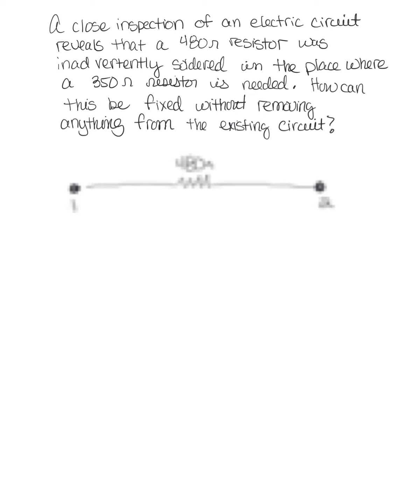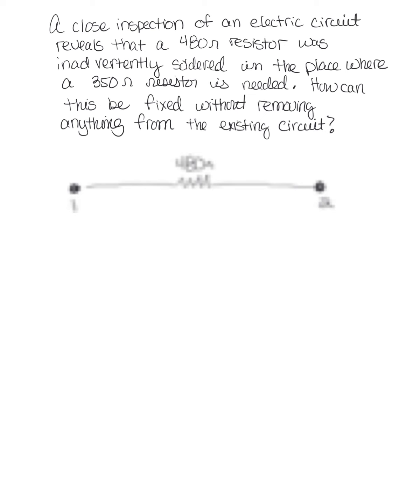Okay, I like this problem because it shows how some things might come in handy if you're using this in the real world. This problem says, a close inspection of an electric circuit reveals that a 480 ohm resistor was inadvertently soldered in the place where a 350 ohm resistor is needed. How can this be fixed without removing anything from the existing circuit?